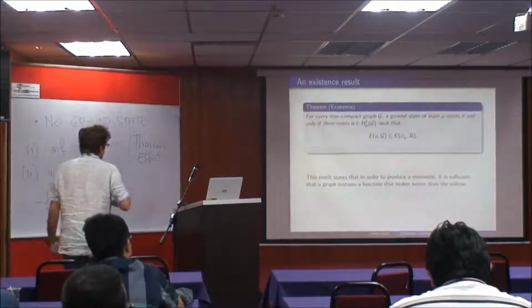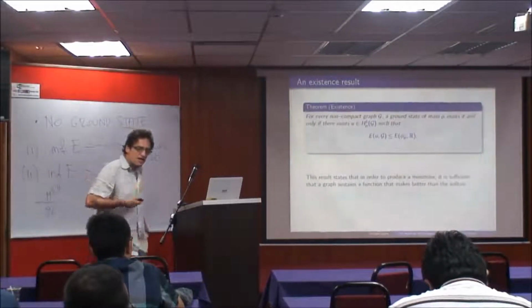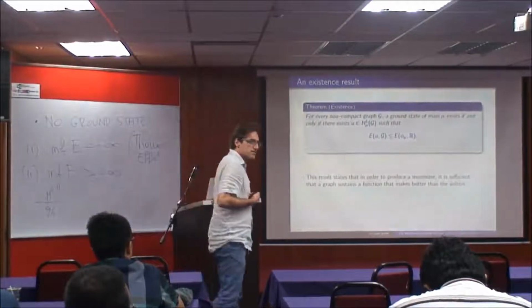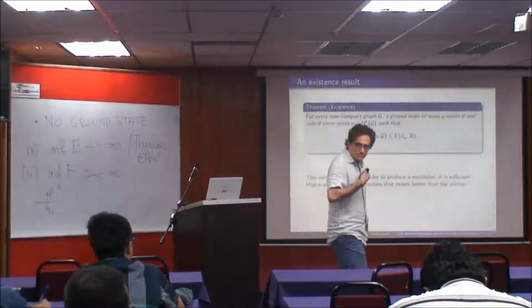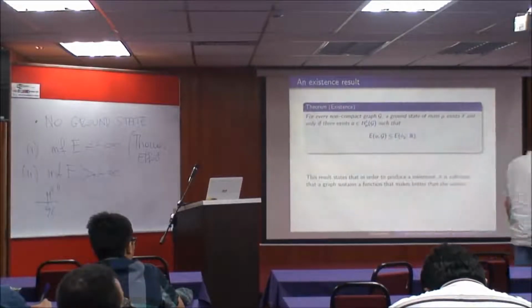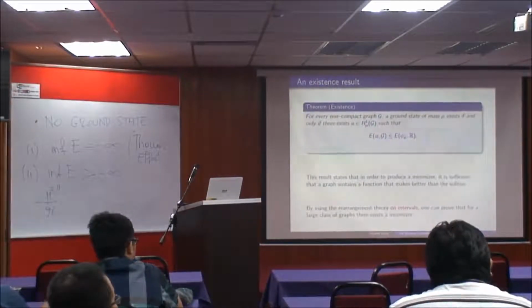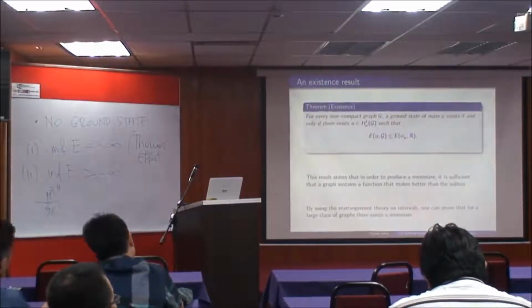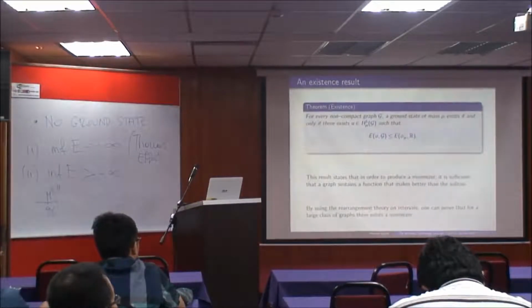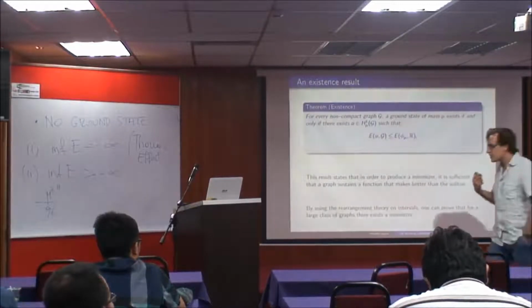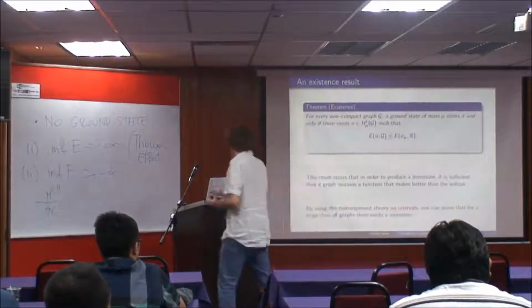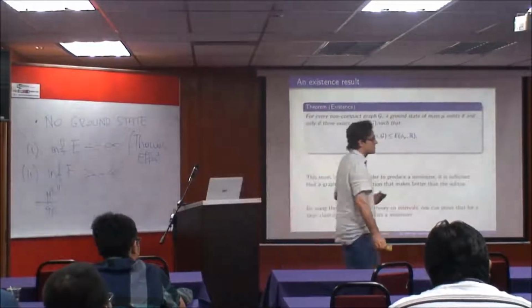I don't show you the proof because, again, the technique is concentration compactness theory, so I decided not to insist on that. But in any case, we can use this theorem and hypothesis H, together with rearrangement theory on intervals, in order to prove that for quite a large class of graphs, there is a ground state.